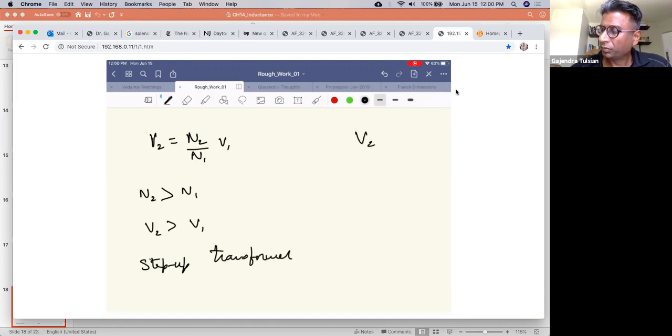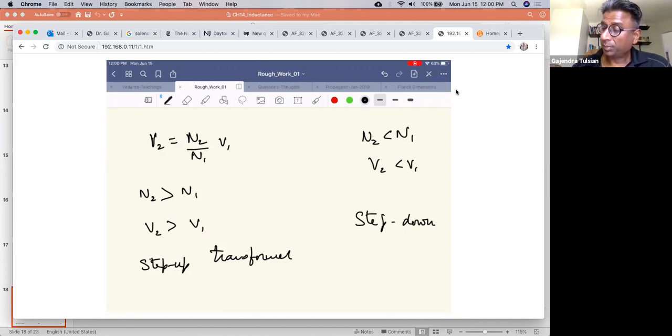And if N2 is less than N1, V2 is less than V1, and that's a step down transformer.